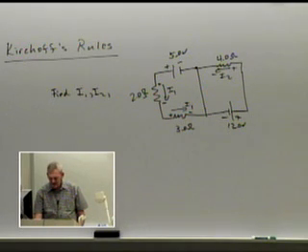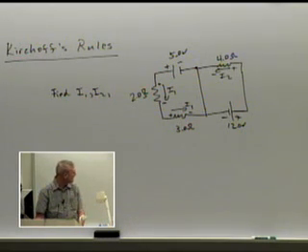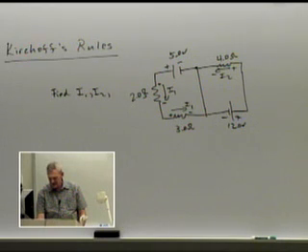And then when you find I3, you take 1 over everything and 1 over R, take the reciprocals back, get the R equivalent. Here, this is I1. And this is I2.